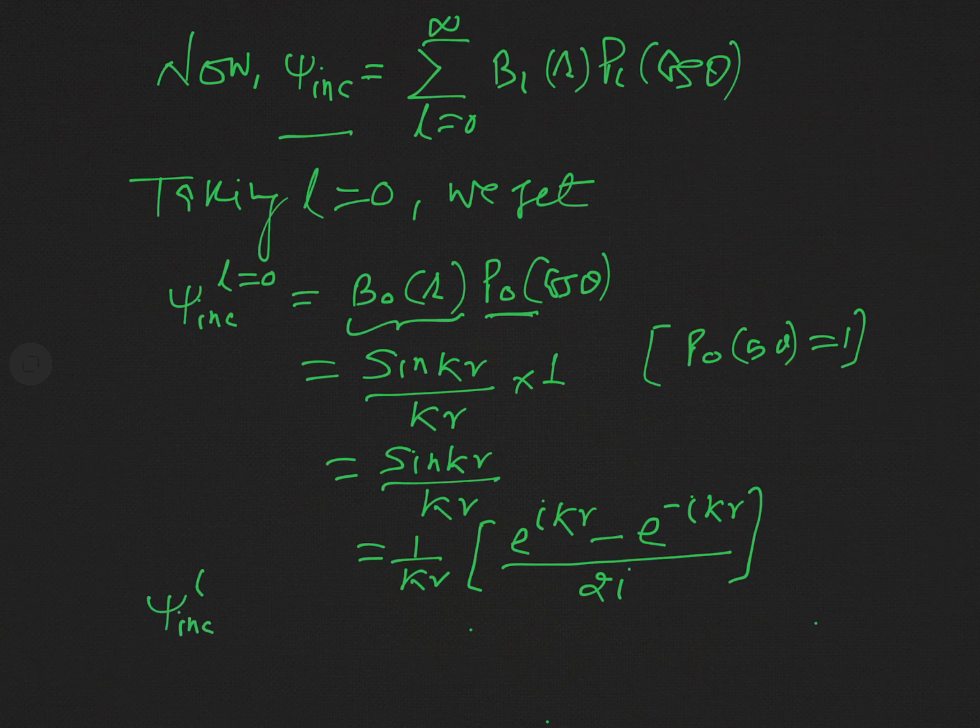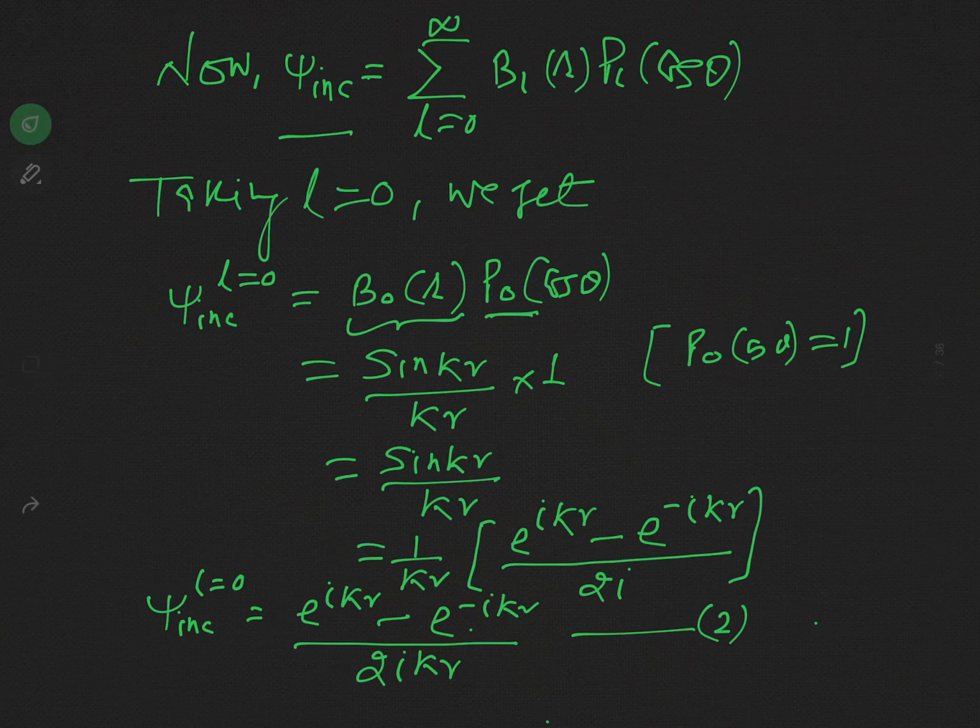And finally, we can write that psi incident for l equal to 0 is e to the power ikr minus e to the power minus ikr divided by 2ikr. And let us say this is equation 2. So we have calculated the incident wave function when the value of l is equal to 0.